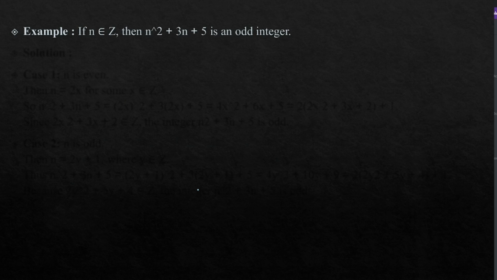If n is an integer, then the statement n squared plus 3n plus 5 is an odd integer. The first intuition, since we're talking again about odd integers, is that one might ask why we need cases here.